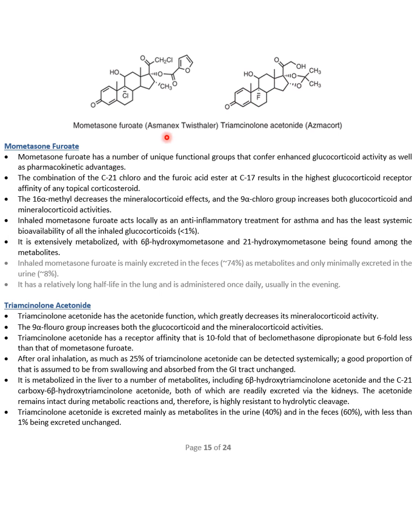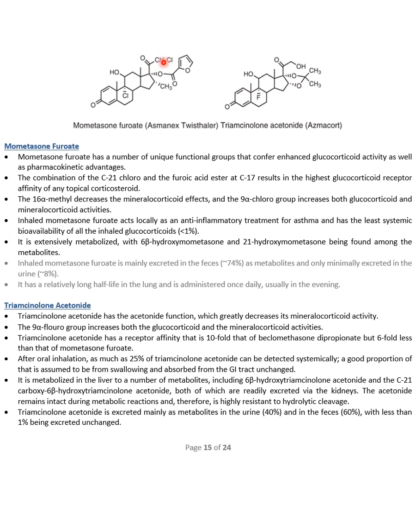The brand name for it is Asthmanex Twisthaler, and there are a number of unique functional groups in this drug, the mometasone furoate. In fact, originally this is how the drug should look, but then the OH group here was replaced with a chlorine.